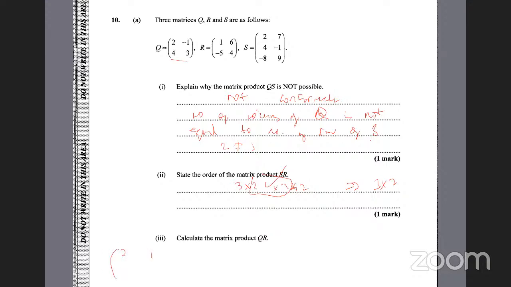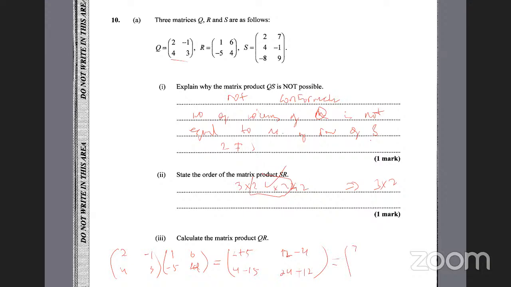So that's (2, minus 1, 4, 3) by (1, 6, minus 5, 4). So that will be 2 minus 10, 2 plus 5, 12 minus 4, 4 minus 15, 24 plus 12.